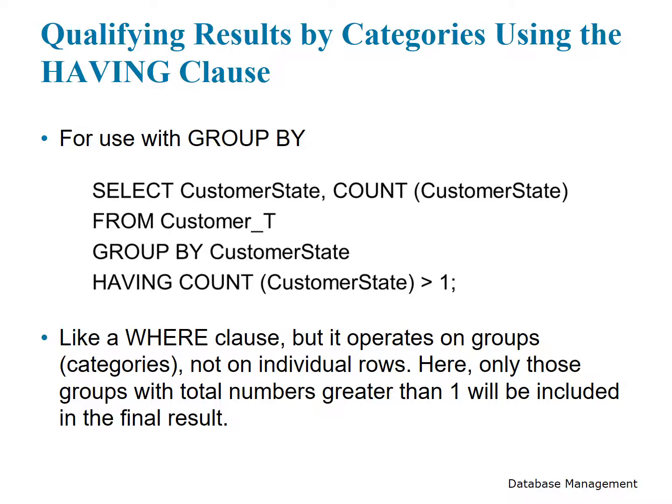Here, only those groups with total numbers greater than 1 will be included in the final result. The HAVING clause restricts which groups will be returned in a vector aggregate query. It's like a where clause, but operates on groups, not separate rows.